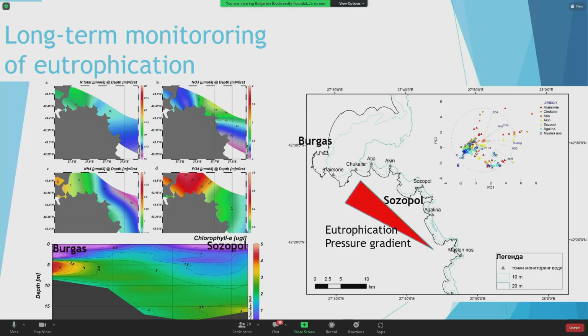Basically, the nutrients that are being released in the inner Burgas Bay near the outflows of the wetlands of Burgas, like the Mandra-Poda lakes, and also the diffusion of nutrients from industry and agriculture around Burgas, have created this eutrophication pressure gradient, where you have different conditions in the inner bay, gradually improving towards the southern part of the bay. It also happens in the north towards Pomorie and Nesebar.